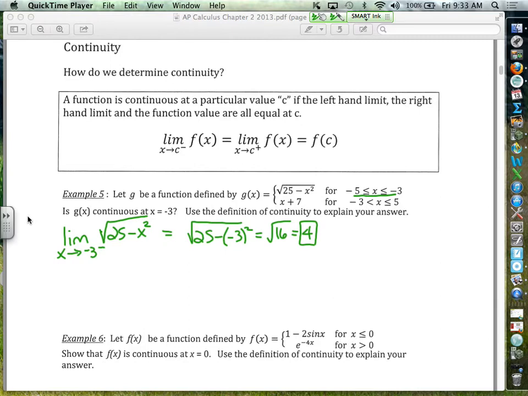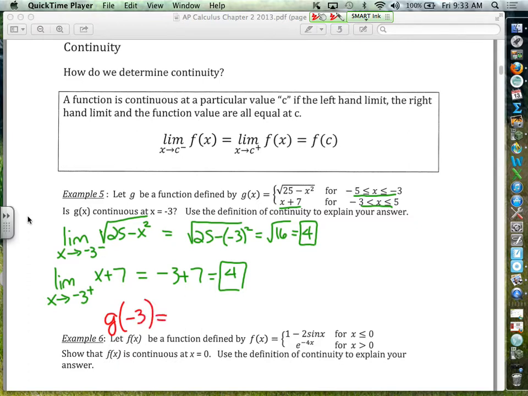If I look at the limit coming in from the right side of -3, that would be using the second piece for that function there, which is x plus 7. So I would have -3 plus 7, which gives me 4. So the left-hand limit and the right-hand limit agree. And then the third thing that I need to do is evaluate the function at -3.